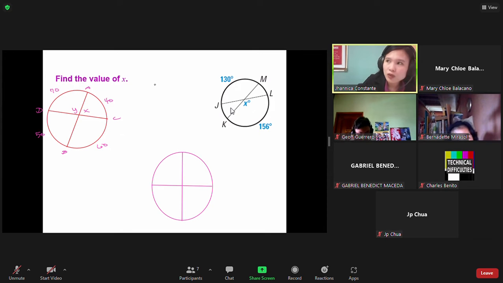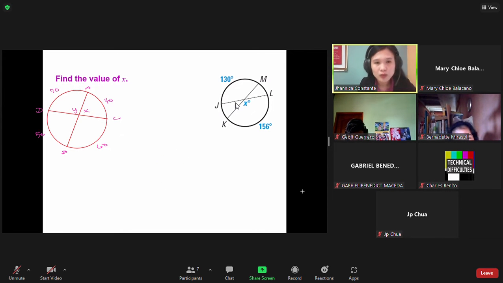But if the chord is not the diameter of a circle, we're going to use the same theorem, wherein you're getting the half of the sum of the two intersected arcs. For example, here in the circle that we have, if we're going to solve for the measurement of angle X, what intercepted arc are we going to use?